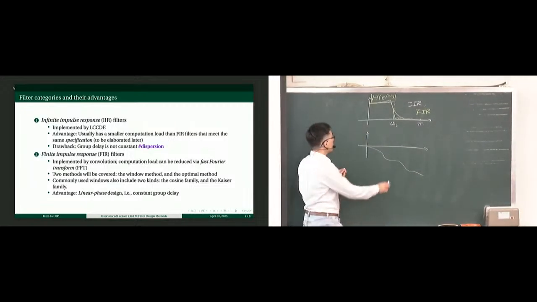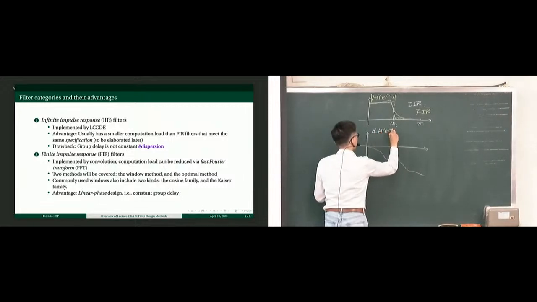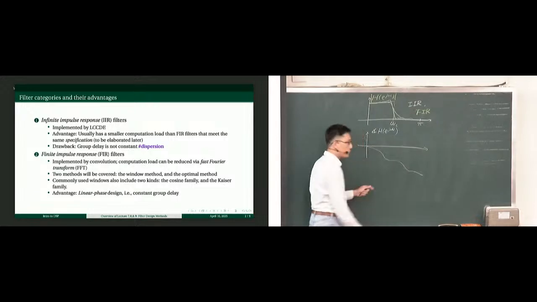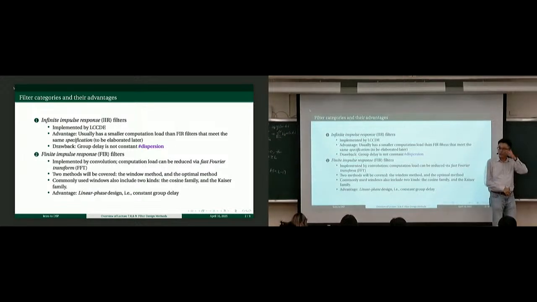This is the phase response of your design. It's not going to be a straight line. This phase response will never be a straight line. The group delay, if you recall, is the slope of the phase response, and the slope is never constant. It's never going to be a straight line. Whereas in FIR, you can have a straight line.